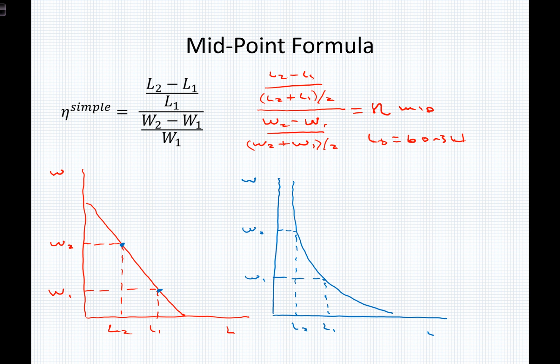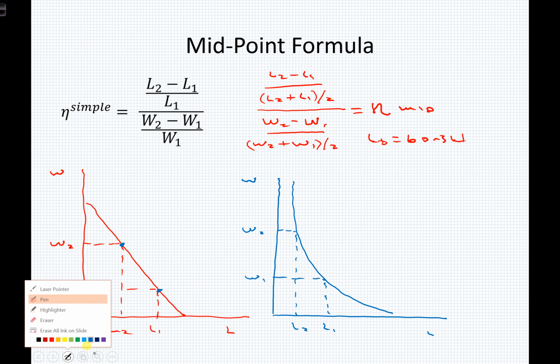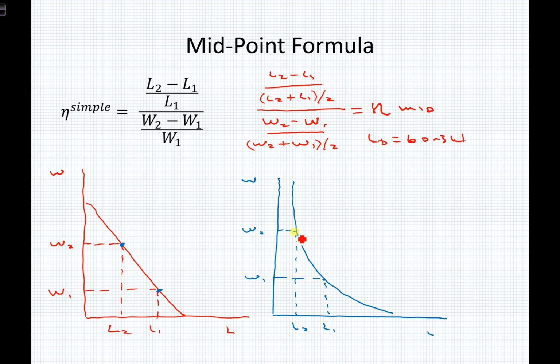Well, in this case, we're now looking at not only a differently sloped curve, but it's really a curve instead of a straight line. And the midpoint formula is going to give us some understanding of the curve between these 2 points. In fact, it essentially gives us an understanding of the slope of the line that we might connect those 2 points with. Well, that was the same thing happening over here in the linear relationship, but this was a linear curve to begin with. This one is no longer a straight line.